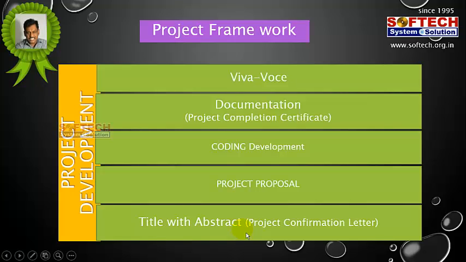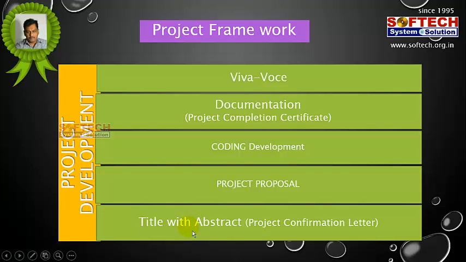That is the short description of the problem. Then the existing system with its demerits, then the proposed system and merits. So, title with abstract. This is step 1. The student wants to find the problem from the IT company if it is a live project, from the organization or industry if it is a real time project, and from the IEEE paper if it is an IEEE project.